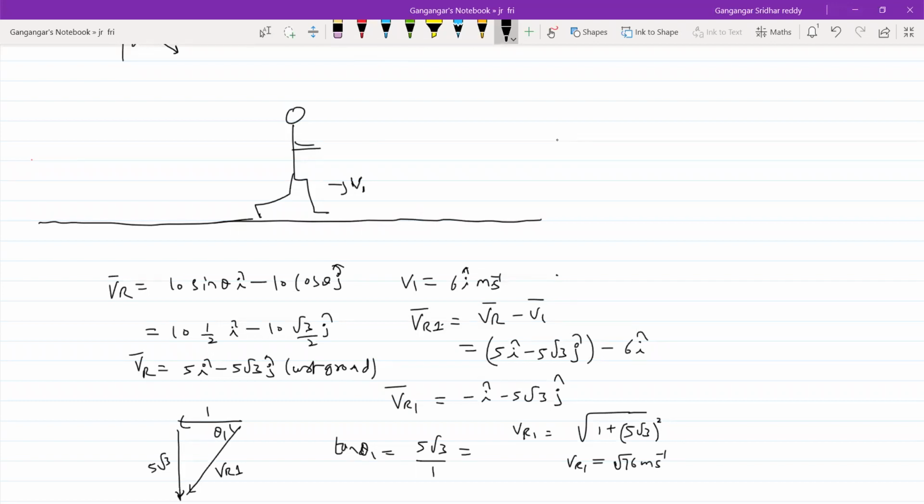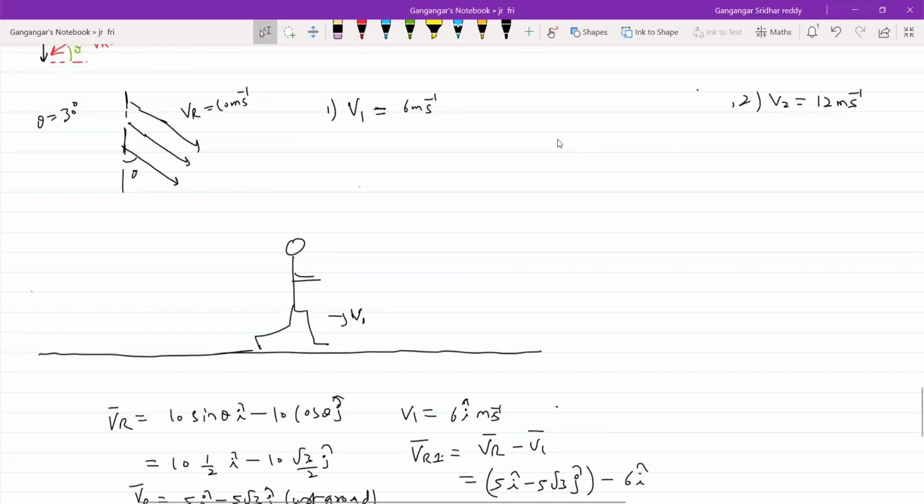I'll show it here. The raindrop will come like this, so I should hold the umbrella accordingly.